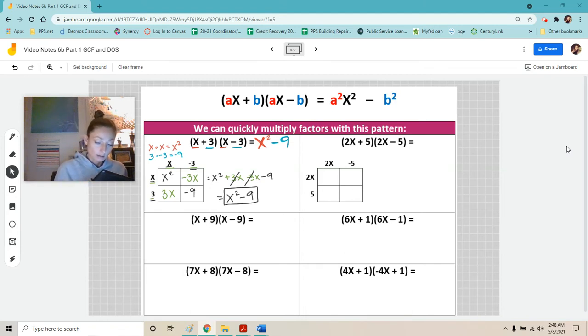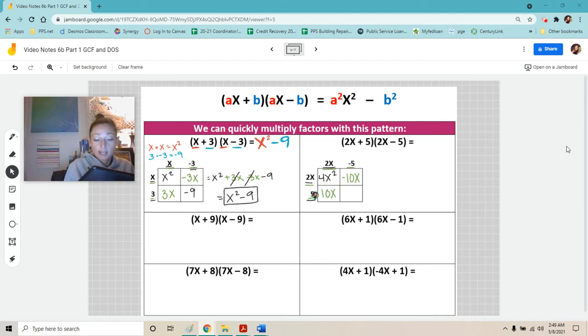All right, we'll look at another one using an area model, and then using the formula or shortcut that we have above. I have 2x times 2x, that makes 4x squared. I have 2x times negative 5. 2 times negative 5 is negative 10, and there's an x on it. 2x times positive 5 is positive 10x.